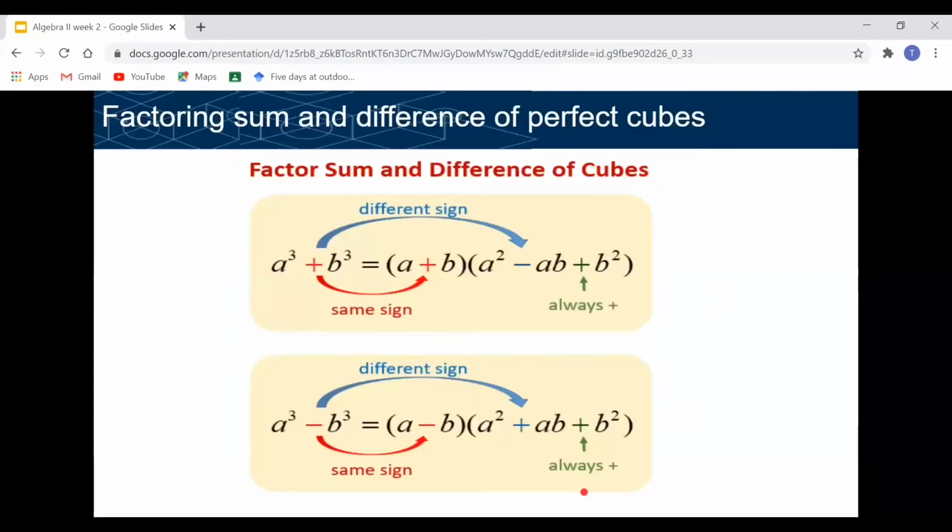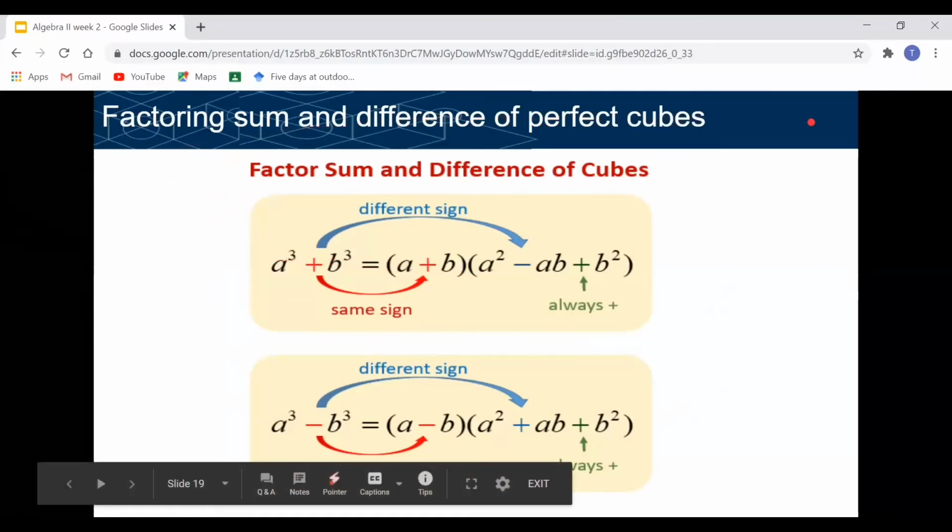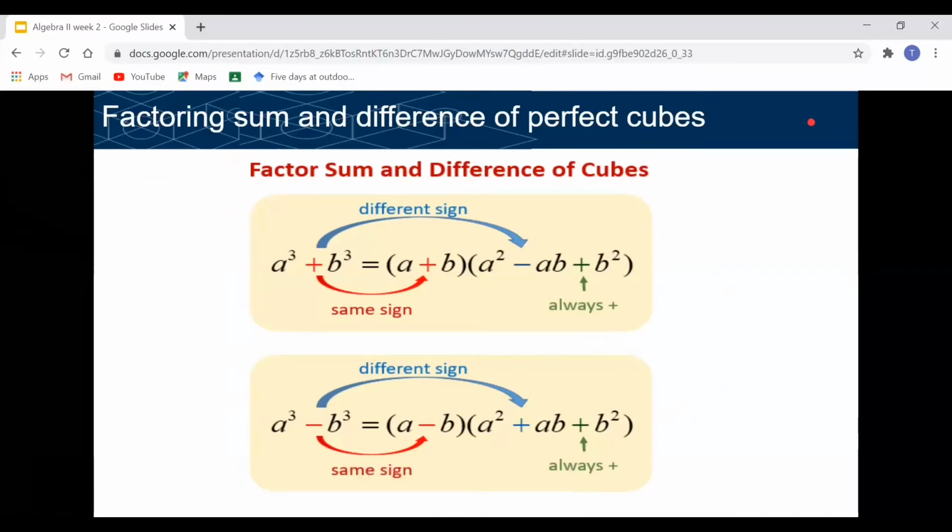So we are going to move on from grouping to factoring sum and difference of perfect cubes. Okay, so like I said towards the beginning of the lesson, if you are trying to do grouping, you should be asking yourself, is the expression right for me to do grouping?